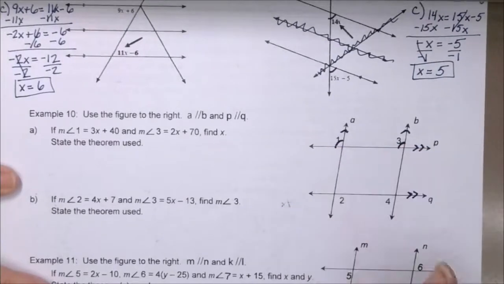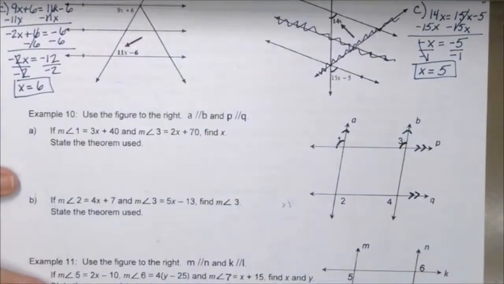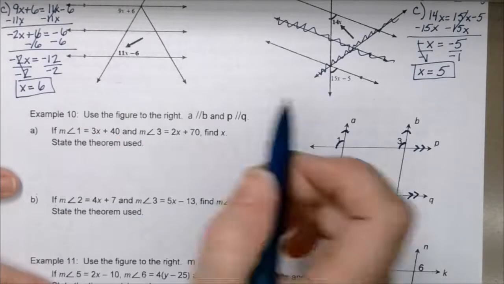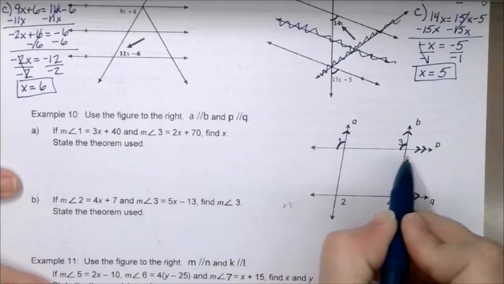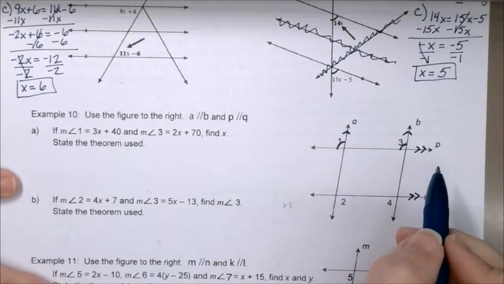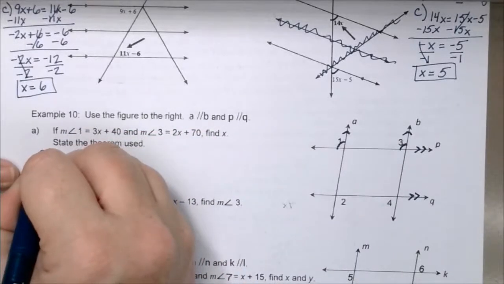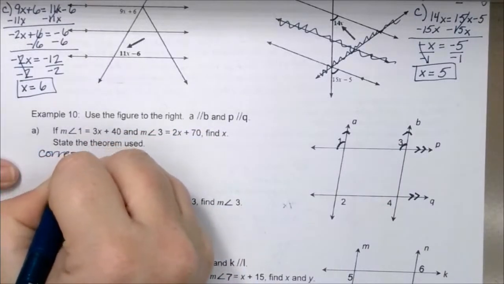They're on opposite transversals, aren't they? So I need to do a little bit of thinking here. I know that 3 is congruent to 1, right? So if angle 3 is 5x minus 13, I'm going to call angle 1 also 5x minus 13. I can relate to 2 now. How are 1 and 2 related?